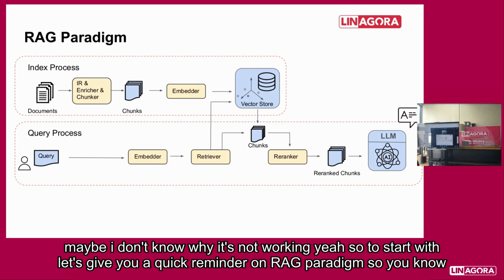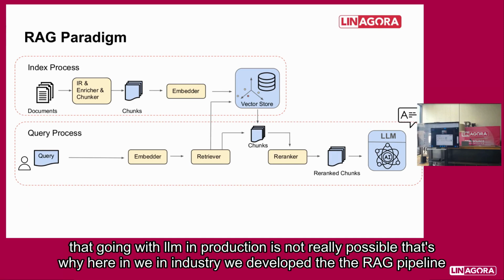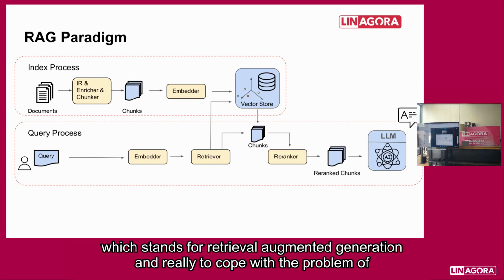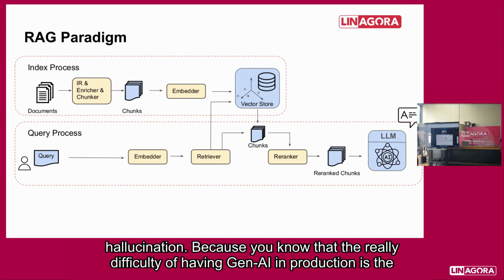Yeah, so to start with, let's give you a quick reminder on the RAG paradigm. You know that going with LLMs in production is not really possible. That's why in the industry, we developed the RAG pipeline, which stands for Retrieval-Augmented Generation, really to cope with the problem of hallucination.